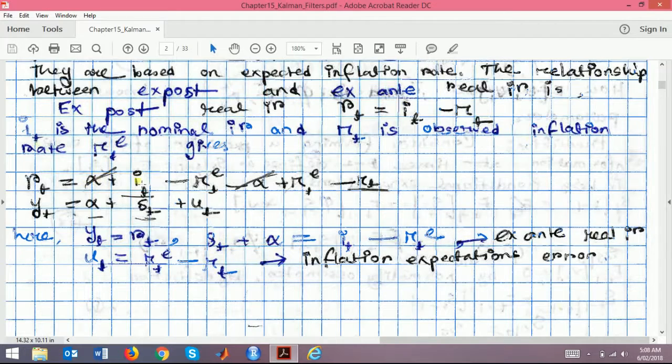So what do we have? We are not thinking in terms of lambda. We are not bringing the lambda here. What we have is first ex ante minus ex post. So the signs inside change, that's all.